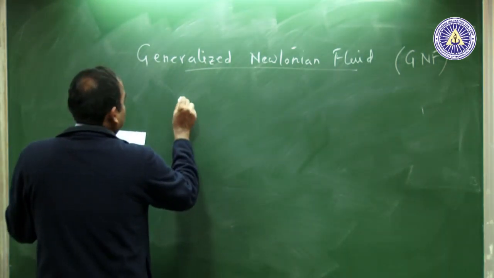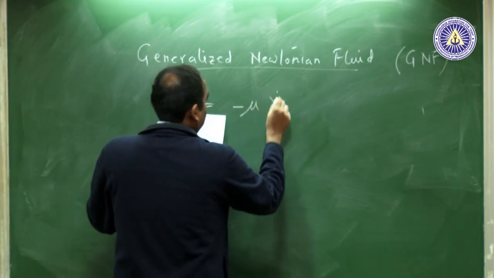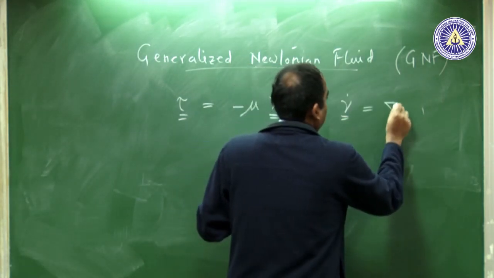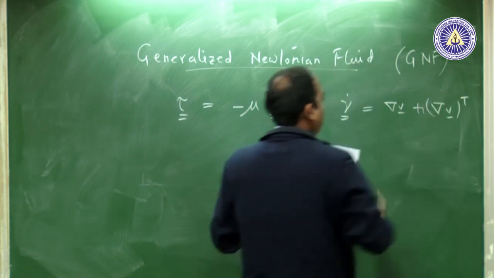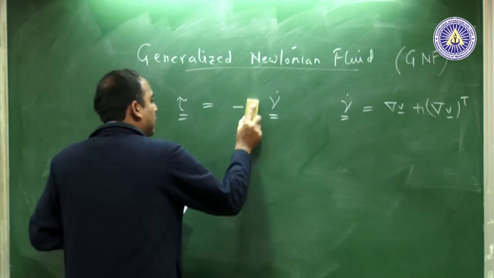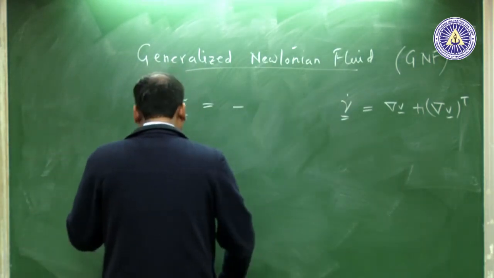Now, all of these fluids actually have a common form. If you notice the Newtonian constitutive equation, it would be written like this, where gamma dot is of course the rate of strain tensor. For a generalized Newtonian fluid, instead of the material property mu, what we have is a material function eta.